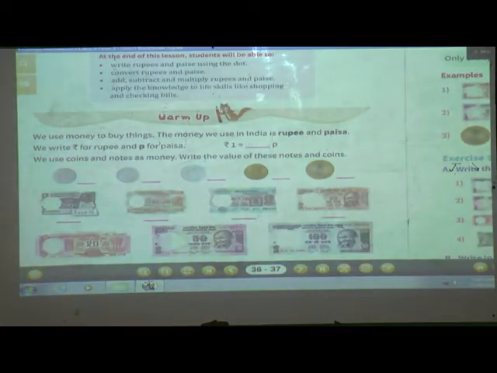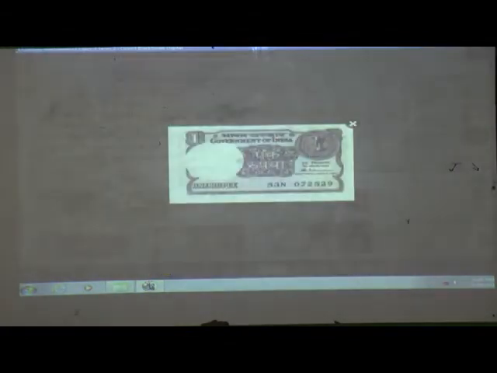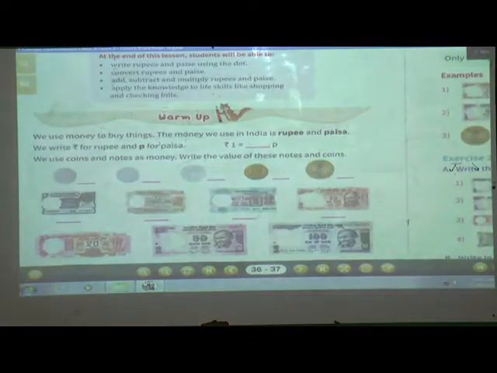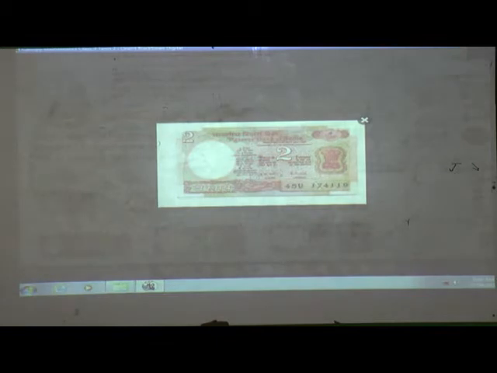Then in the last session I also showed you some notes. See this note. What is written on the note? 1 rupee. Here you can read 1 rupee, so it is a note of 1 rupee. Next, see this note.